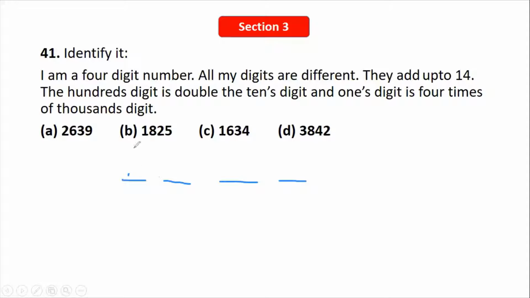Now we're going to add up these digits. And the sum is equal to 14. So the hundredth digit is double of the tenth digit.